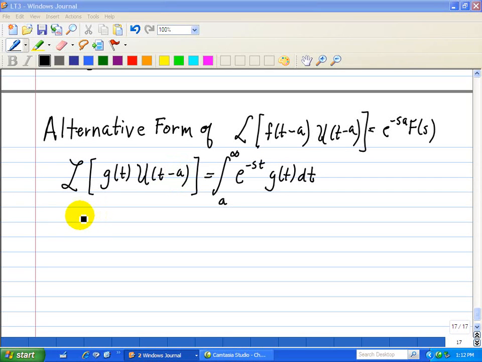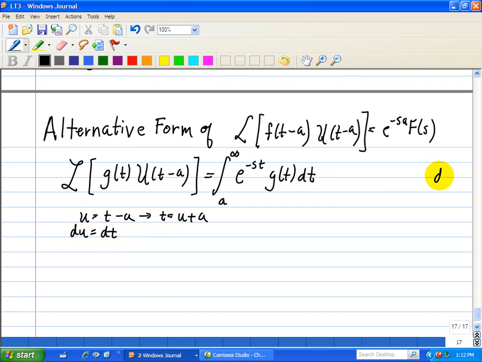So we'll do a change of variables here, where u is equal to t minus a, which implies that t is equal to u plus a, and that du is equal to dt. So we'll replace dt with du, replace g of t with g of u plus a, and we'll replace e to the minus st with e to the minus s(u plus a).